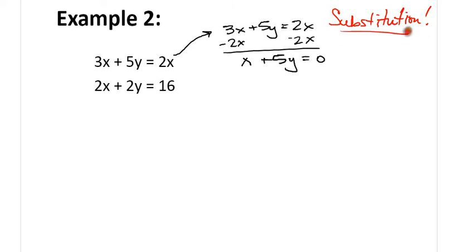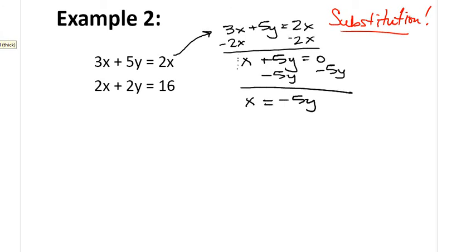I'm choosing substitution because this x has a coefficient of 1, and so to solve this for the variable x, I'm just going to subtract 5y from both sides. And I know that this first equation is going to be x equals negative 5y. I'm going to go ahead and substitute that now into that second equation.